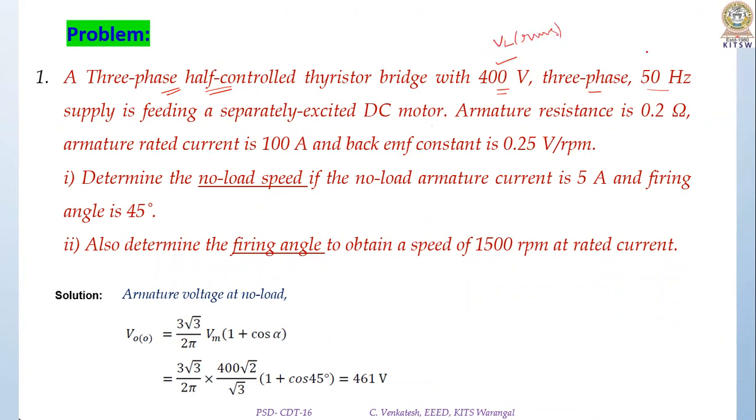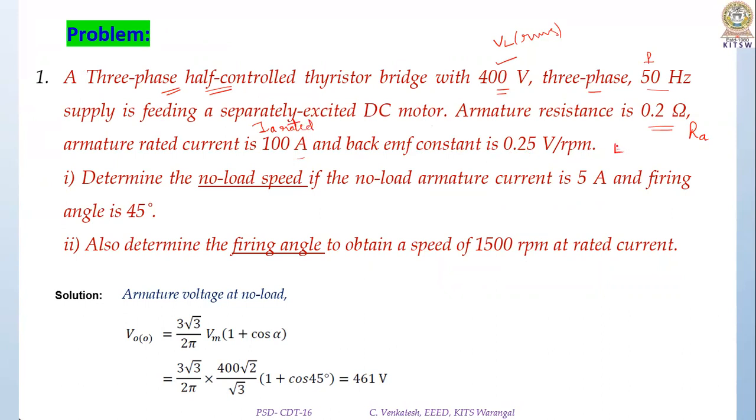Then frequency is given. Armature resistance is 0.2 ohms and rated armature current is 100 amperes. Back EMF constant is 0.25 volts per RPM. So motor specifications are given: armature resistance, rated armature current IA rated, and back EMF constant.